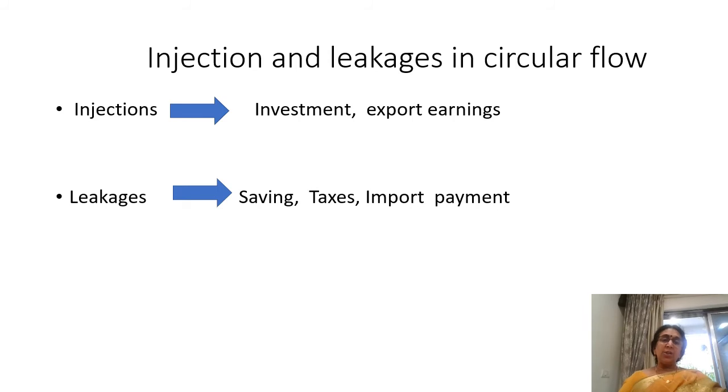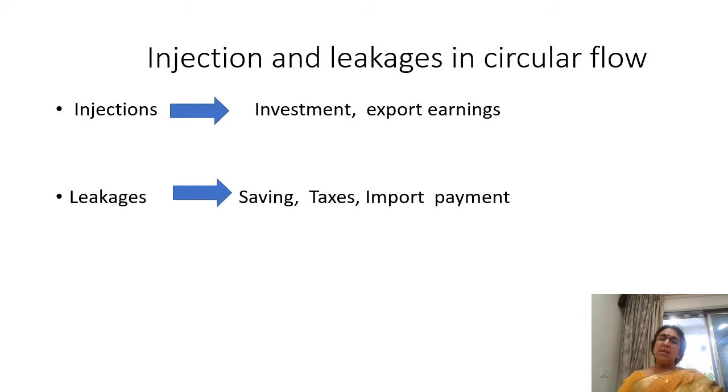There are injections and leakages in circular flow. What do you mean by injection? Injection means anything which is increasing or boosting the speed of the flow. Let us take the example when sometimes a doctor is prescribing you an injection. What's the reason? When the injection is given through your veins, it will increase your resistance power. It will boost your energy.